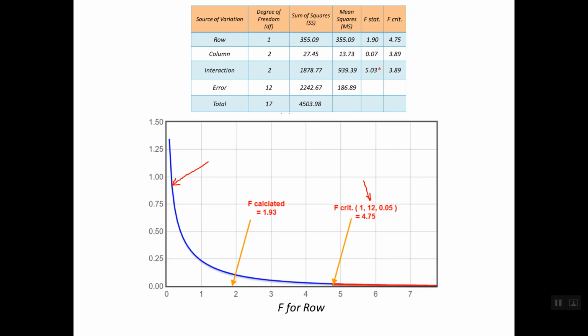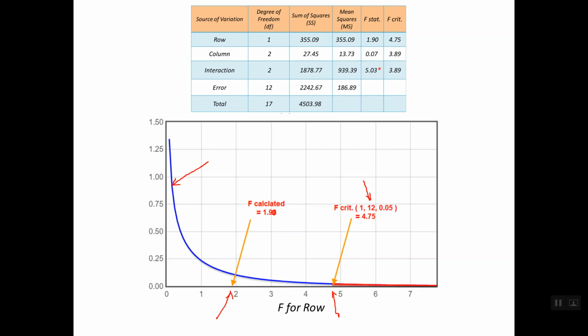And regarding the calculated value of F, it is simply 1.90. It lies here. And the value of the F critical is equal to 4.75. So the value of the calculated F is less than the critical one, so we accept the null hypothesis.